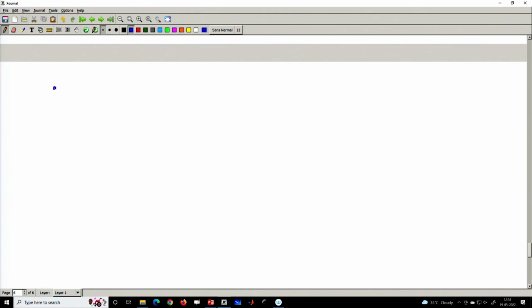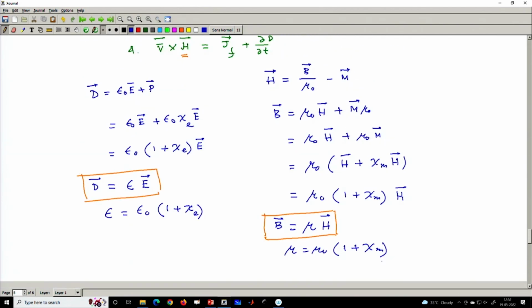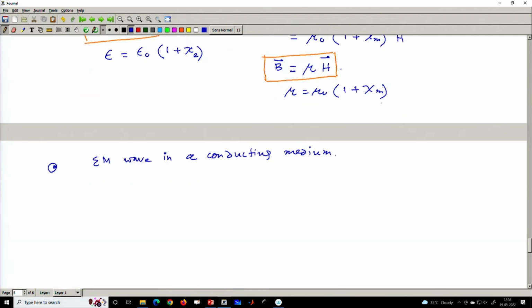Our next topic is to understand the EM wave in a conducting medium. So far we have been dealing with the dielectric medium and writing down the Maxwell's equation. Now the situation is different.